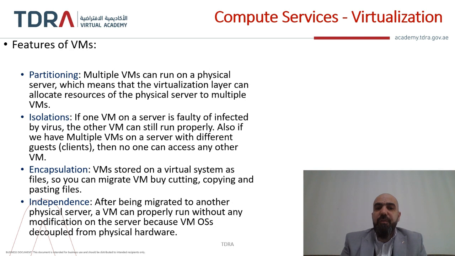Encapsulation: VMs are stored on virtual systems as files, so you can migrate a VM by cutting, copying, and pasting files. It's very easy, yes, heavy, yes, but you can do that. And dependencies: after being migrated to another physical server, a VM can run properly without any modification because the VM is decoupled from physical hardware.